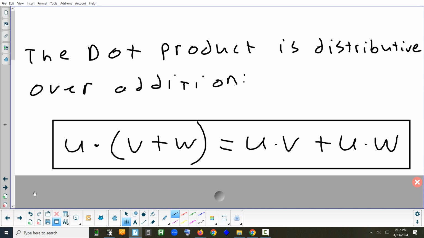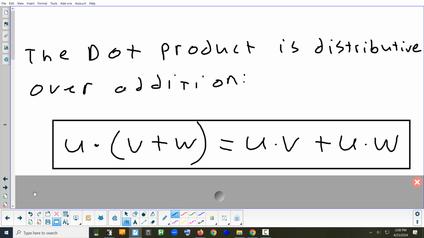Okay, the dot product is distributive. Just like when you see something on the outside of parentheses with regular multiplication, and you can distribute it to what's inside, you can do that with dot product. So you could add the vectors together first, and then find the dot product with u.